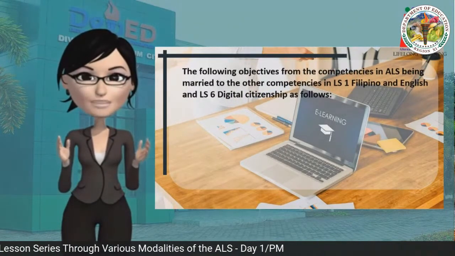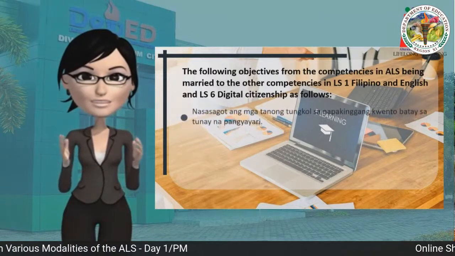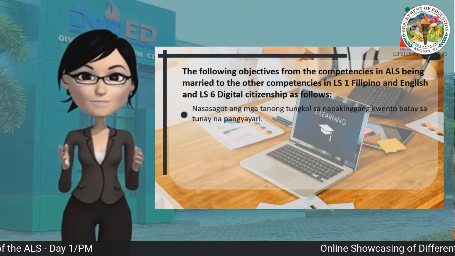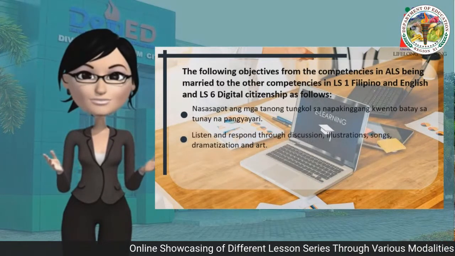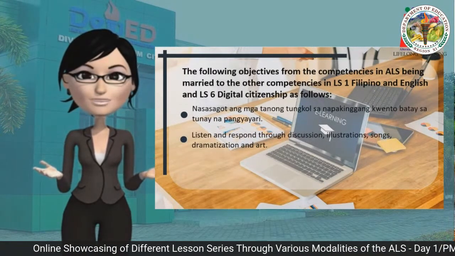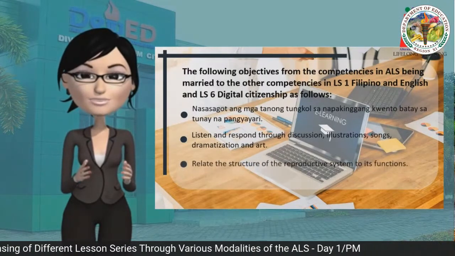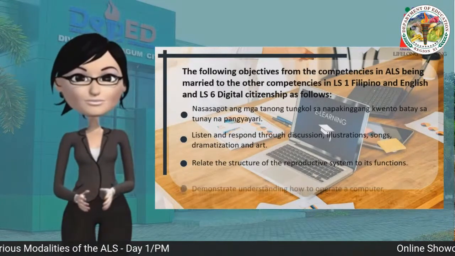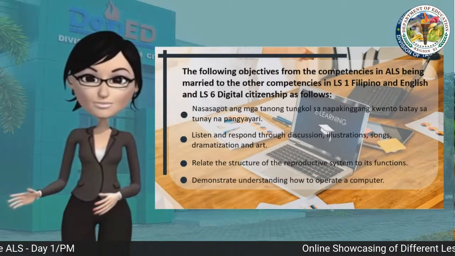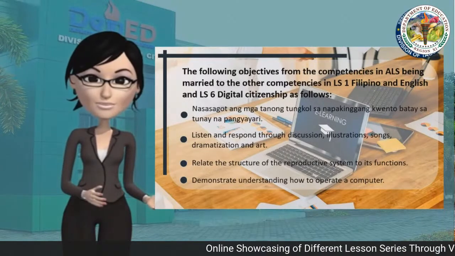Nasasagot ang mga tanong tungkol sa napakinggang kwento batay sa tunay na pangyayari. Listen and respond through discussion, illustrations, songs, dramatizations, and art. Relate the structure of the reproductive system to its function. Demonstrate understanding how to operate a computer.